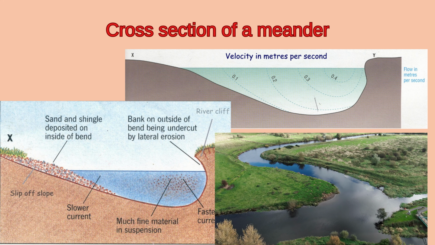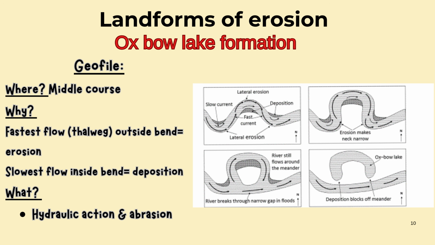So how does an oxbow lake form? It's all to do with that relationship between erosion on the outside bend and deposition on the inside bend. Over time, the river will cut through the neck of the river, and that is the area where the meander starts and ends.